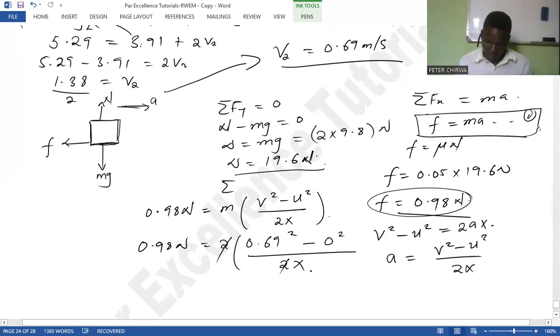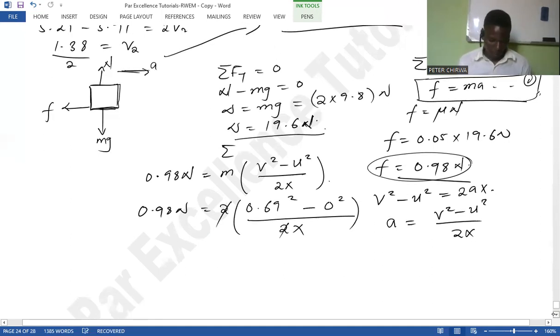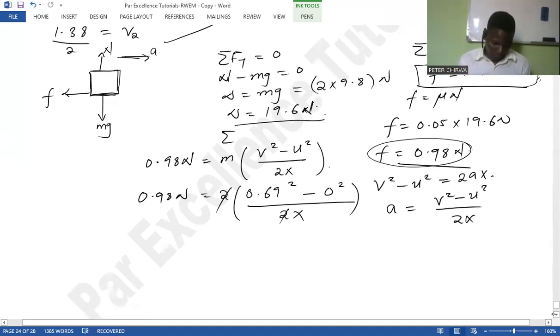So what we have is 0.98 Newton, of course, equal to 0.4761 over x. So x is going to be that one.